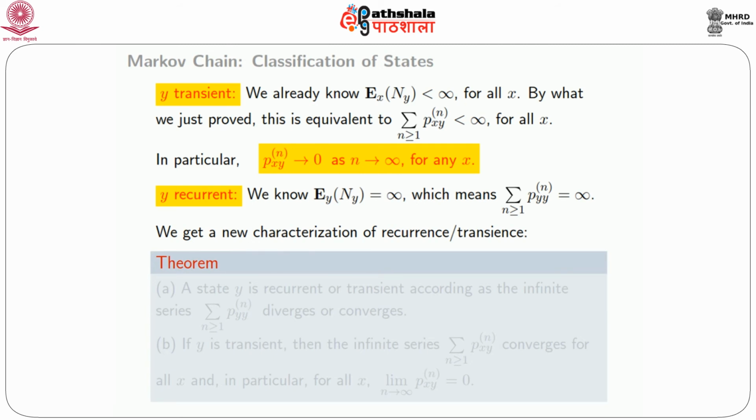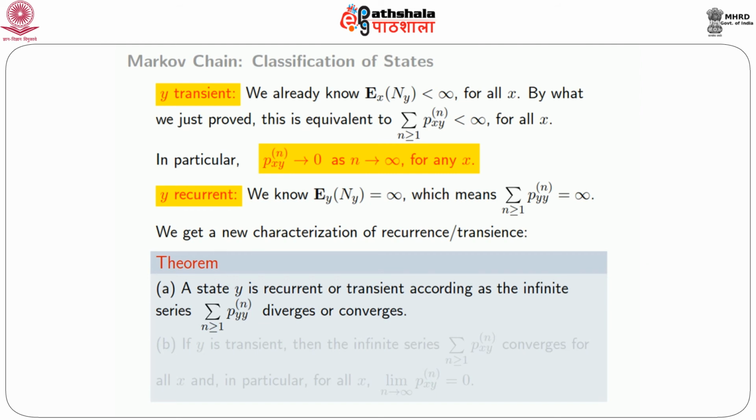There are two parts to the theorem. The first part is really a new characterization of recurrence or transience. We state: y is recurrent or transient according as the infinite series of p_yy^(n), n greater than or equal to 1, diverges or converges. Earlier we had given a definition of recurrence and transience, but now this gives you another equivalent characterization.